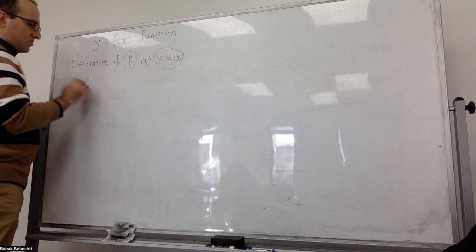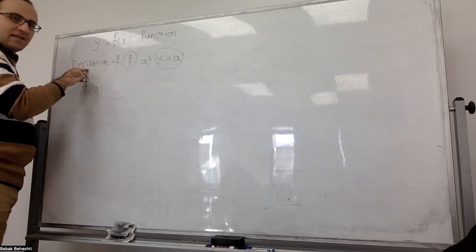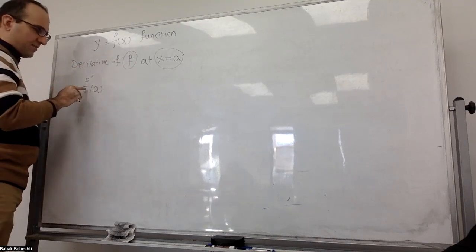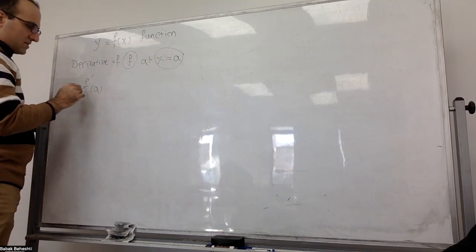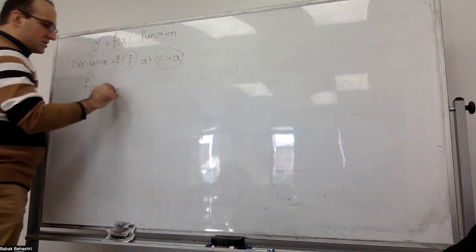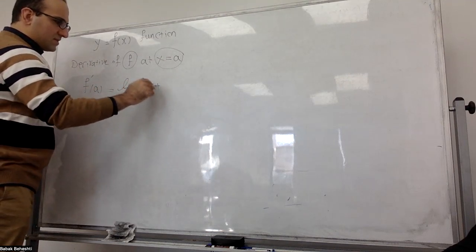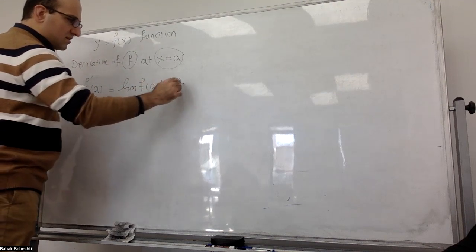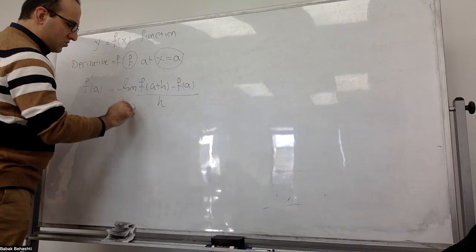I'm using this notation: f prime of a means exactly the derivative of f at the point x equal to a. So that is f prime of a, which is given by this limit of f of a plus h minus f of a divided by h as h goes to 0.